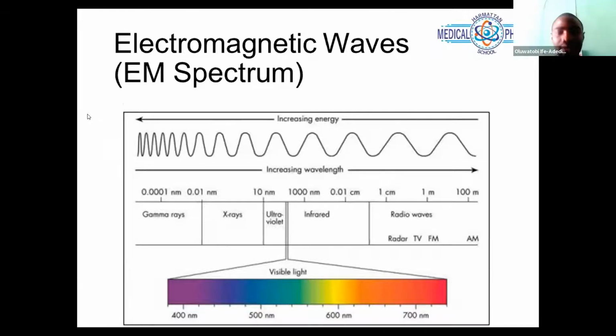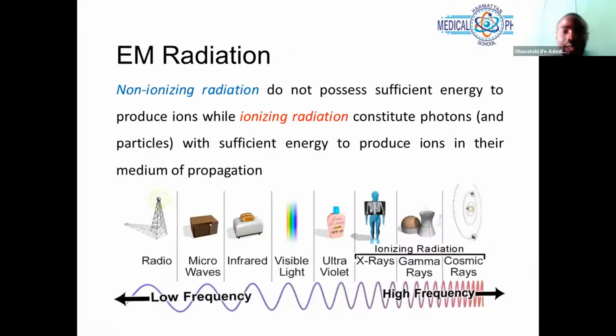So in health physics, what kind of electromagnetic waves are we interested in? Now, electromagnetic waves or radiation can either be non-ionizing or ionizing. So non-ionizing radiation do not possess sufficient energy to produce ions, while ionizing radiation, which could also be photons or particles, have sufficient energy to produce ions in their medium of propagation.